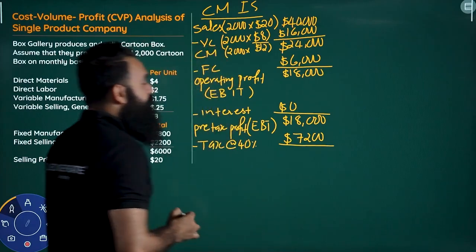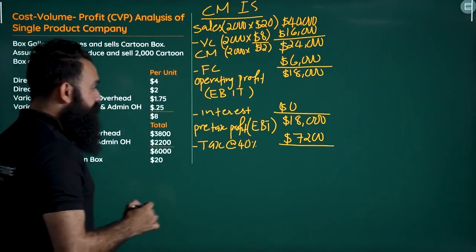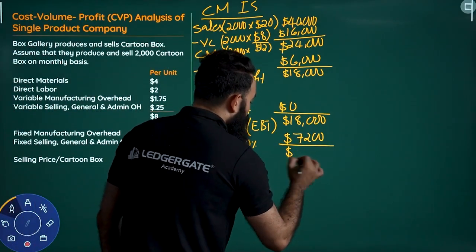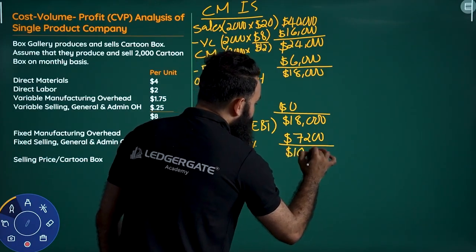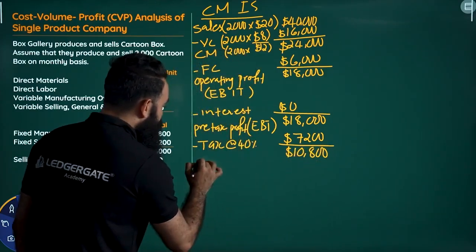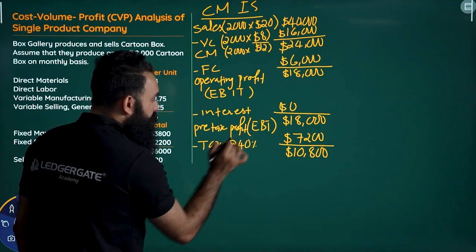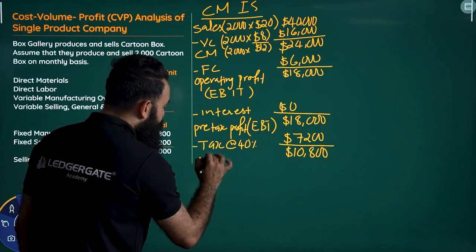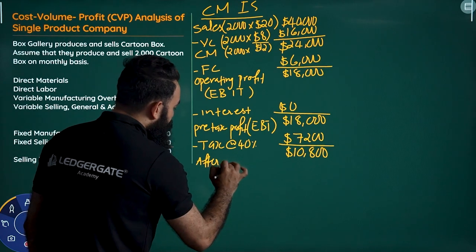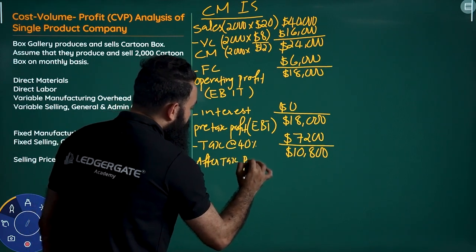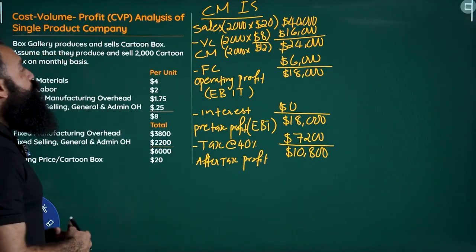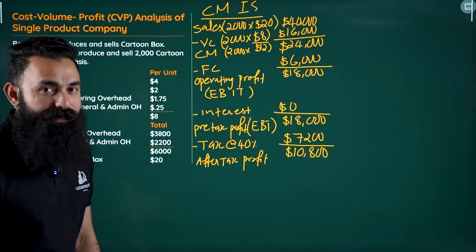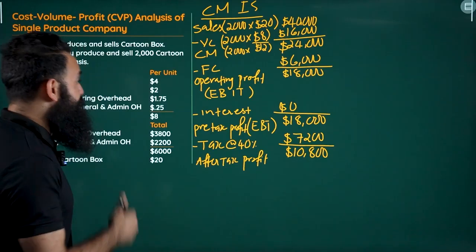So when we deduct 7,200 from $18,000, our after tax profit will be $10,800. This is pre-tax profit, and this is after tax profit, right? So this is how we prepare a contribution margin income statement, as we have already discussed.